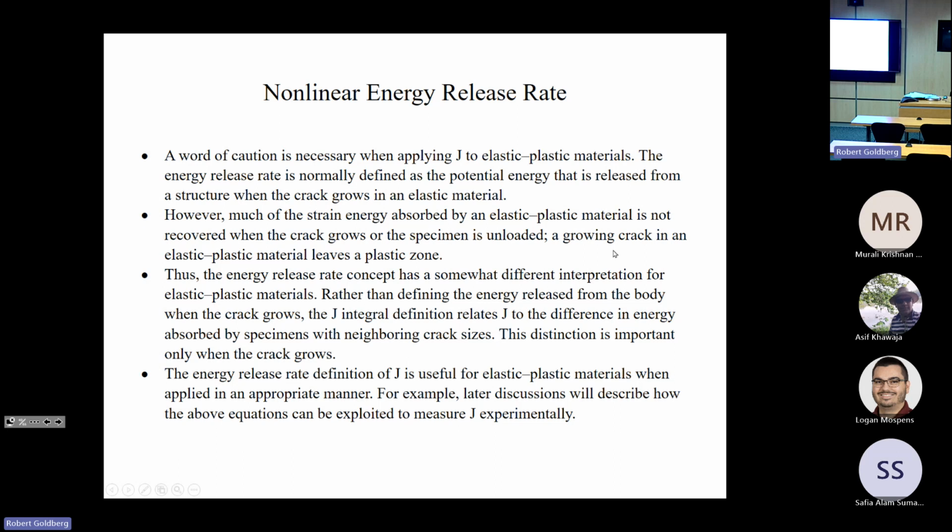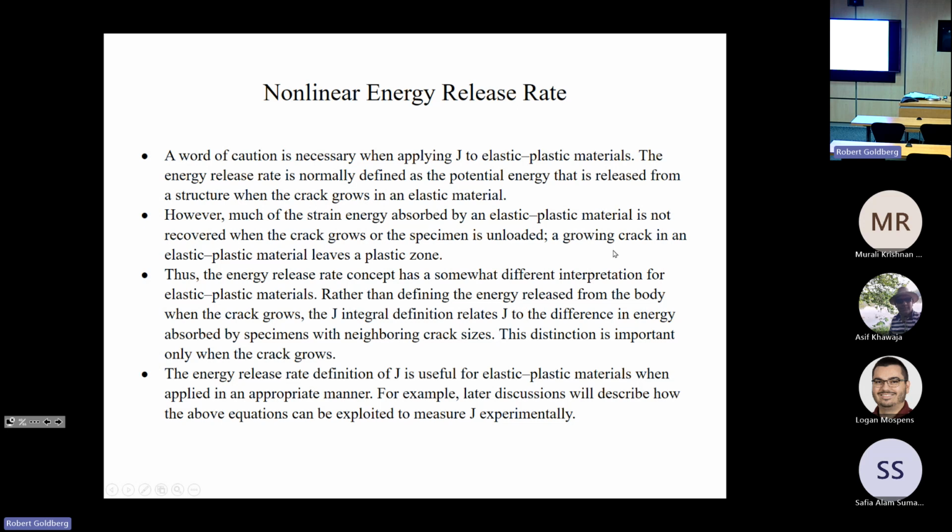So instead of defining the energy release rate as the energy released from the body when the crack grows, because for a plastic material not all the energy is released, the J integral definition relates J to the difference in energy absorbed by specimens with neighboring crack sizes. This distinction is important when the crack grows.